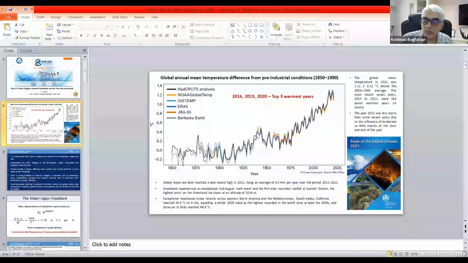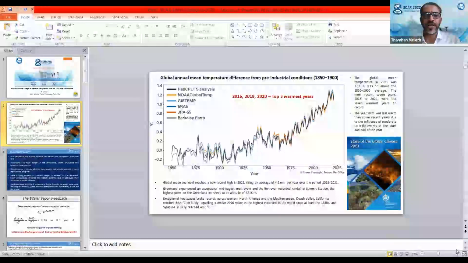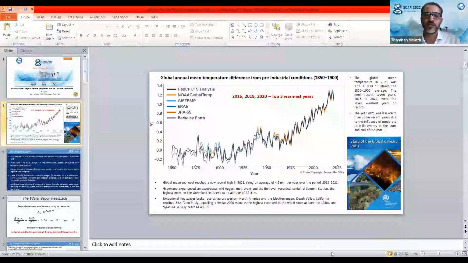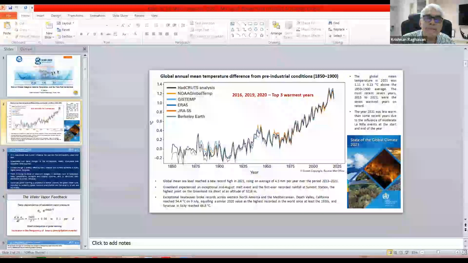Okay, control to select multiple windows. Can you do it now in full screen mode? Just a minute. Is it okay? No, it's not.